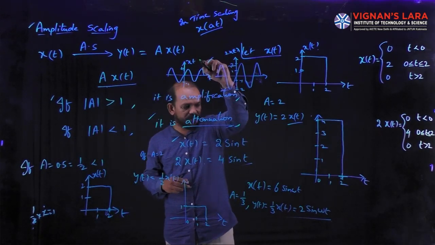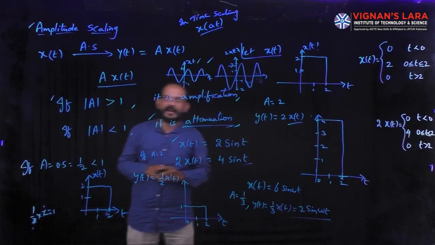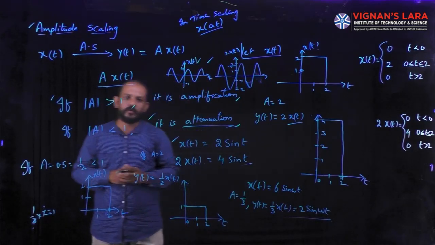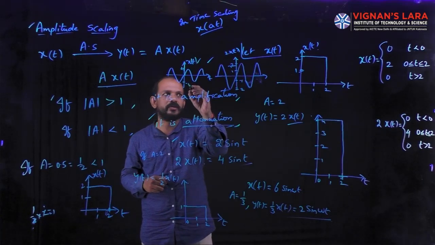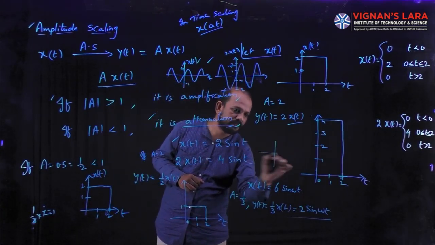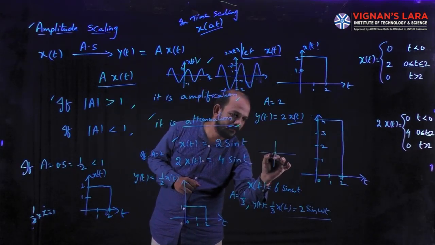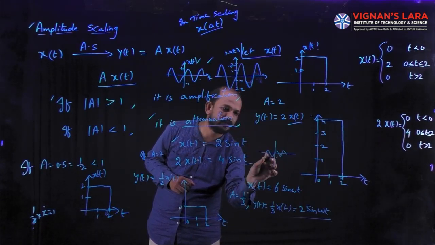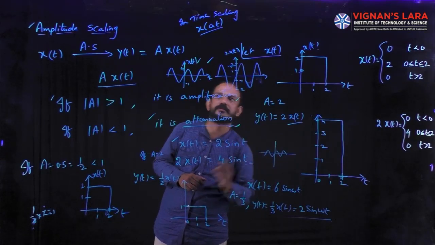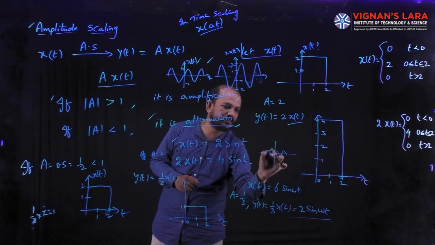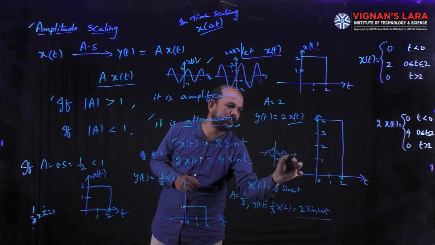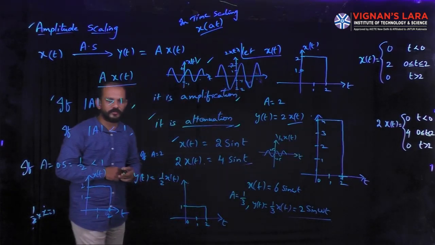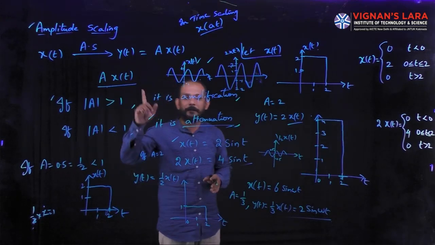So for this signal, if we want to write amplitude scaling with a less than 1, that is a equal to 1 by 2, because this side is 0.5, this is minus 0.5. Okay, 1 by 2 into x of t.